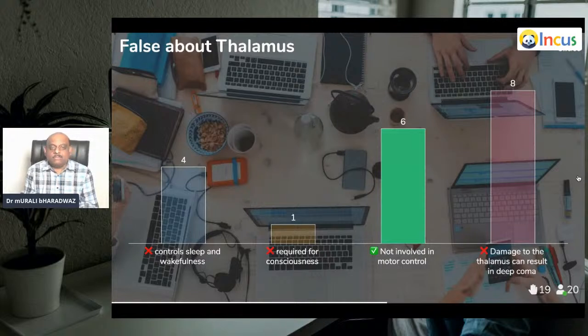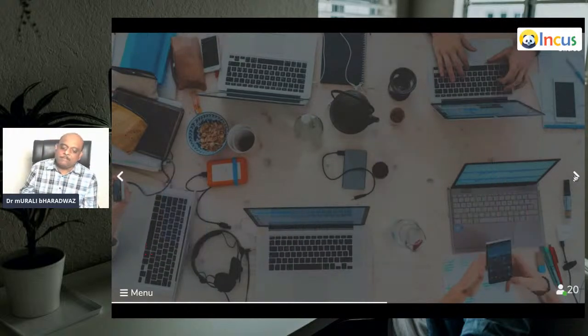Good. Thalamus controls sleep and wakefulness. Thalamus is required for you to remain conscious. That's the reason any damage to thalamus leads to coma. Thalamus is also involved in motor control. That is the point you need to appreciate.